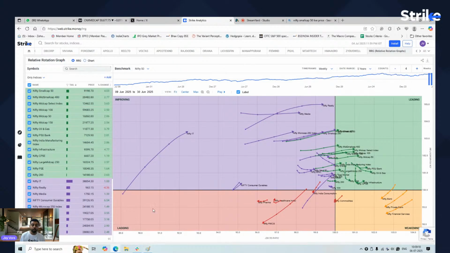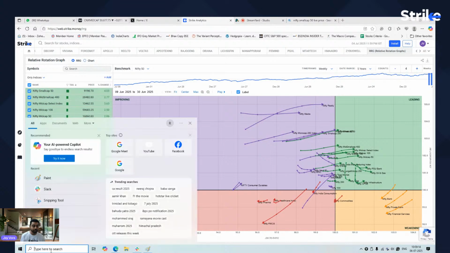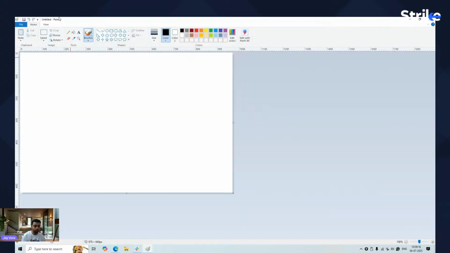So now the second main thing comes to what are the signals that you want to look out for, and this is actually very interesting. Okay, so please pay attention to it because this will help you to scan the stocks very, very quickly and know where you would want to focus.